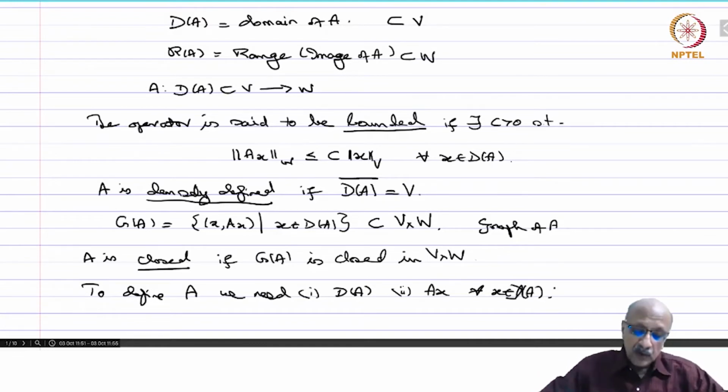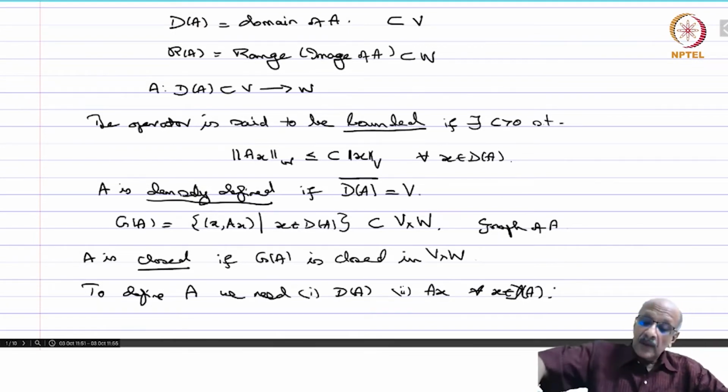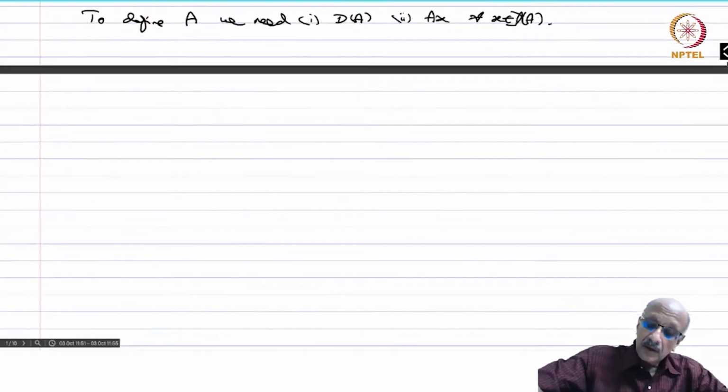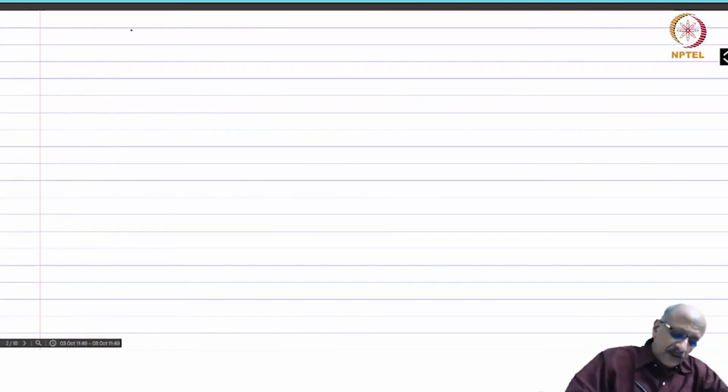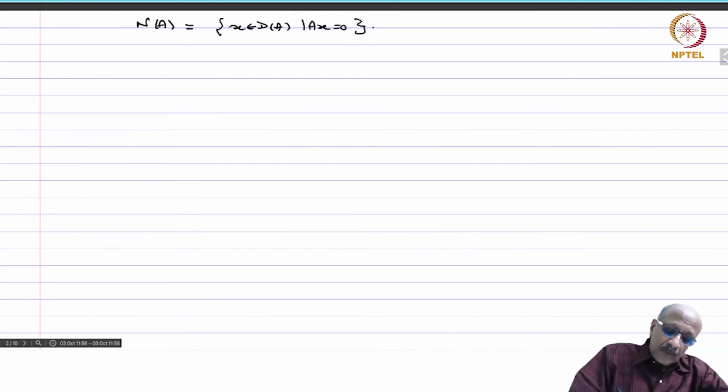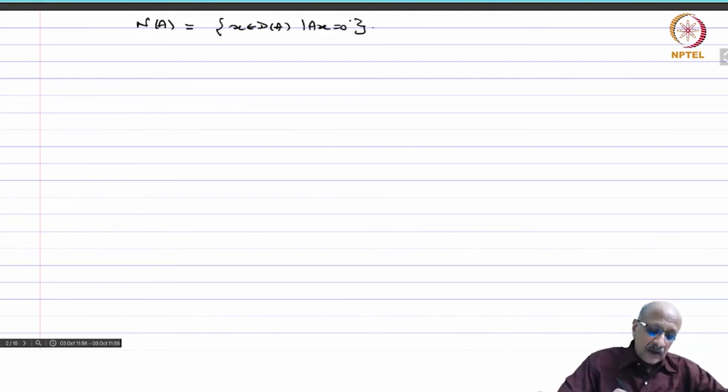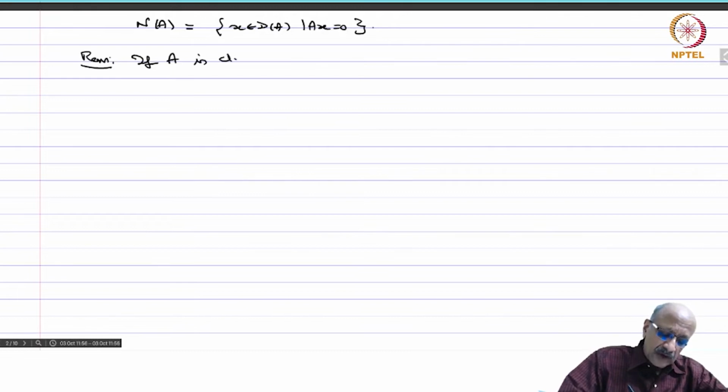So we have to specify both these things in order to completely define an operator A. Then the null space of A, or N(A), equals the set of all X in D(A) such that AX equals 0. Unlike a continuous linear operator, you cannot say that N(A) is closed. However, remark: if A is closed, you can check this very easily, then N(A) is closed.